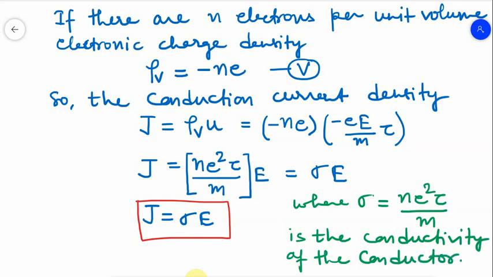This sigma is the conductivity of the conductor, and this particular relation is called Ohm's law in point form. So whenever it is asked what is Ohm's law in point form, or establish the relation for Ohm's law in point form, you have to prove this J equals sigma E. You have to derive this whole relation.